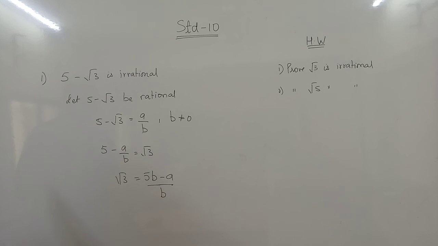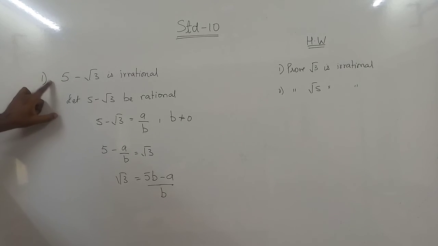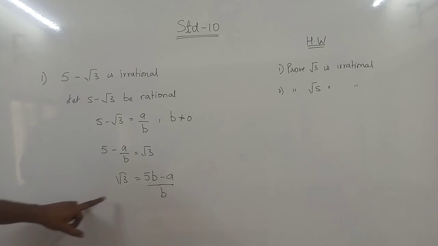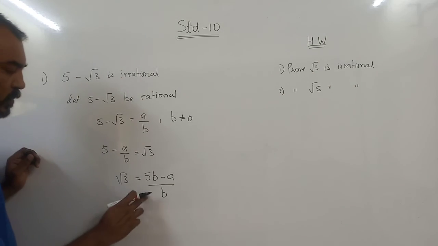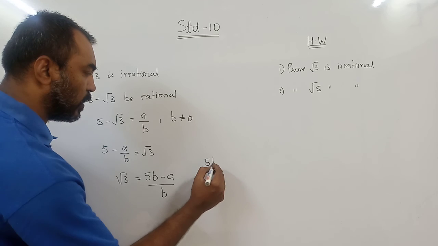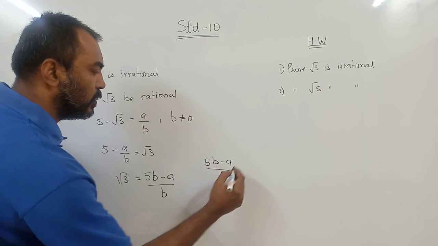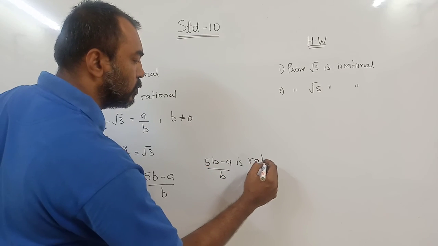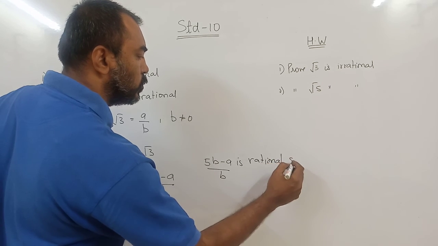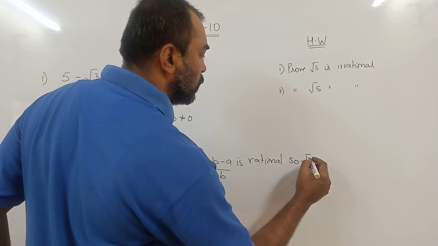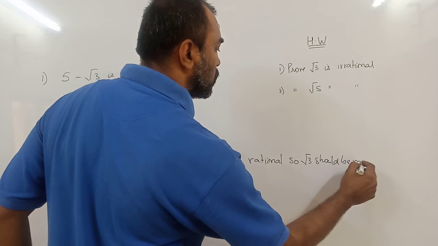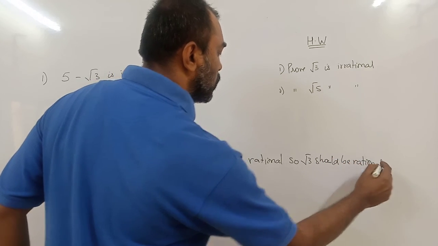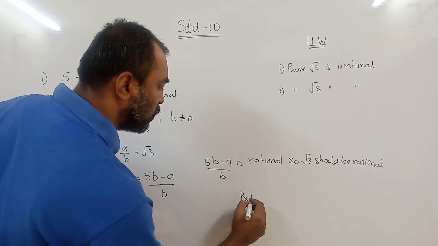Now the marking scheme. Asked for 1 mark, you only do this many steps. And write down what you have to write down. Since 5b minus a upon b is rational, so root 3 should be rational. Yes, but what we write?